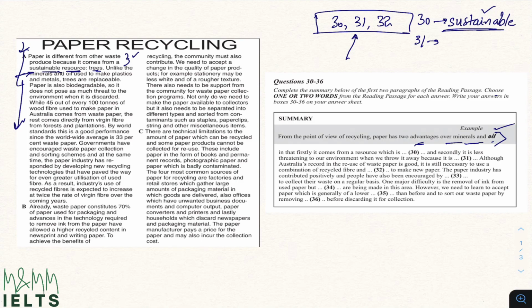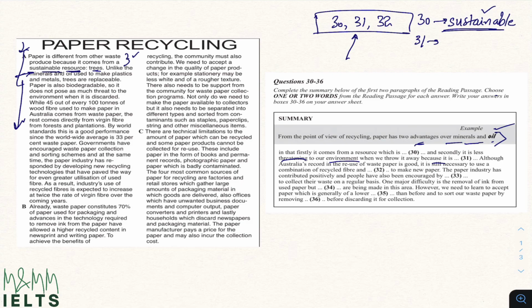Next one says, and secondly, it is less threatening to our environment. Environment is my keyword. Less threatening when we throw it away because it is dash. Because paper is what? So we are looking for the word threatening and the word environment. Let's see. Unlike the minerals and oil used to make plastics and metals, trees are replaceable.